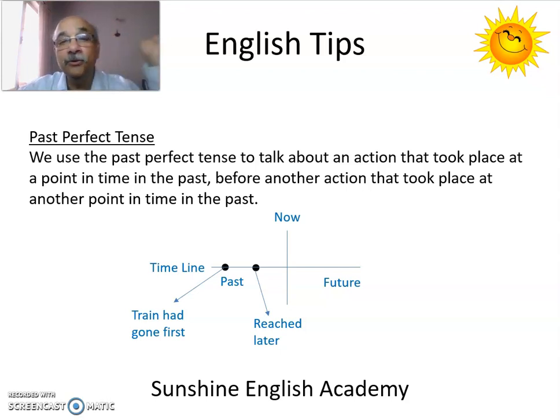The further you go to the left, the further you are going into the past, and the closer you are to now means you are closer to the present moment. So once again, the train had gone first, and then I reached the station.